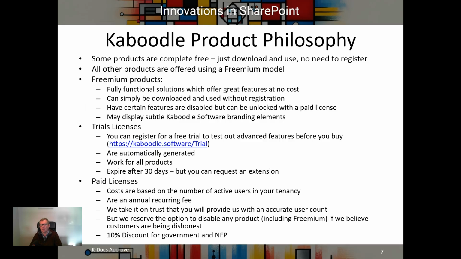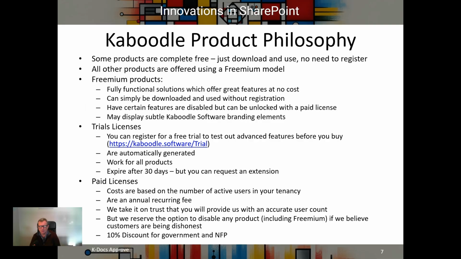However, we've got to get some money out of our investment somehow. And so what we've done is that we've disabled some of the more advanced features, and on the freemium version, we've also added a little bit of Kaboodle branding. It's quite subtle, so most customers might be able to live with that branding.